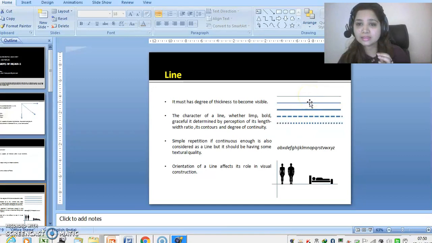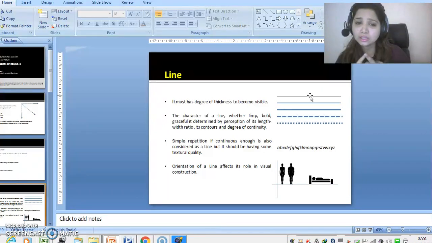This is a thin line, this is thicker, and this is the thickest among the three. So if an object is closer to me, probably it will have this thickness, and if it is farther, this, and farthest, this. So this is also a way to symbolize by using the line weights.